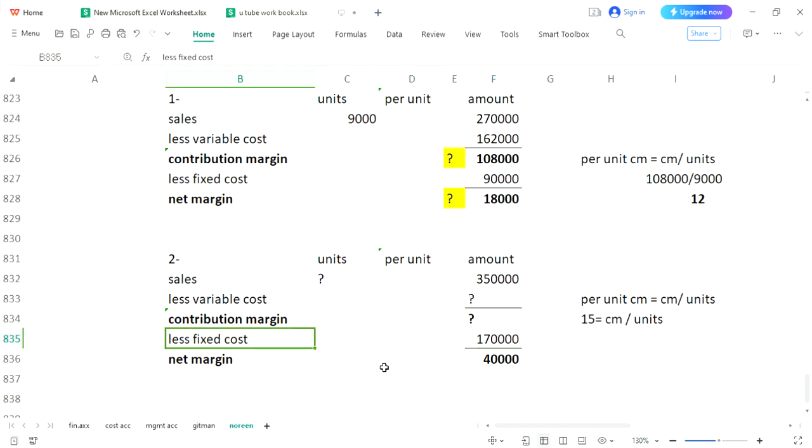As you can see over here, fixed cost has a sign of minus. When you go in reverse, the sign would be changed, and what would happen? 40,000 from here, and we are going in reverse. 1,70,000 was less. Instead of less, you will make it plus 1,70,000 due to reverse calculations. So we have got our contribution margin.